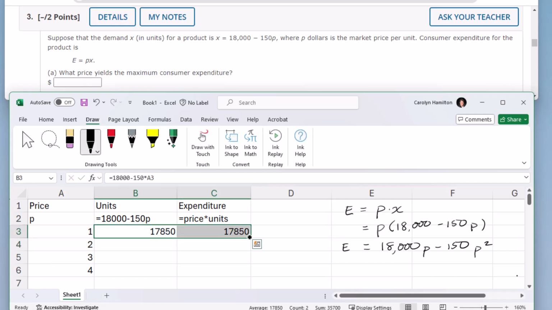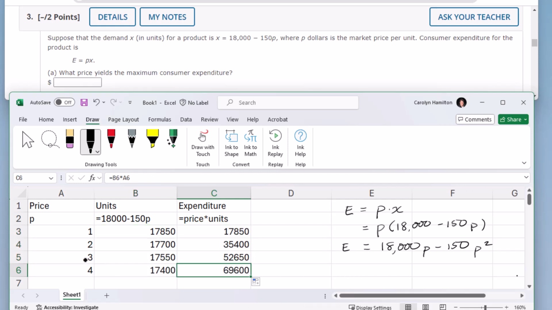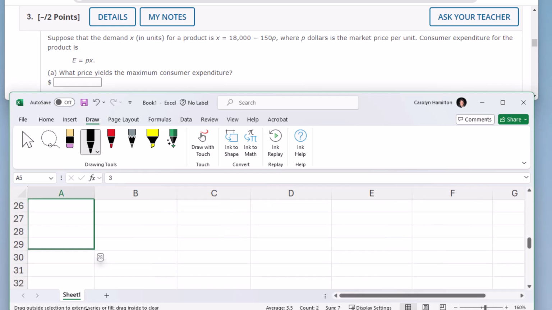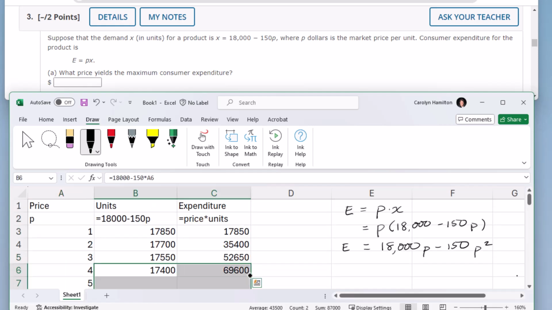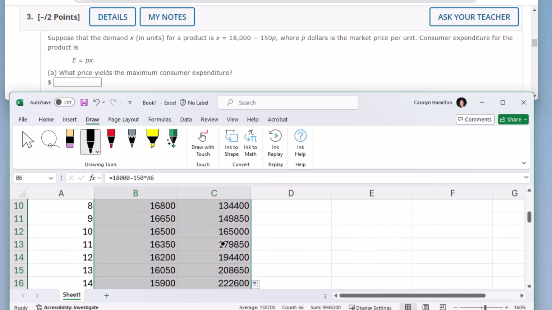Gives me my total expenditure and so on. So total expenditure is going up. Let me pull this down a ways more and see if I can get an idea how these data are acting. 17, 19, 22, still going up.